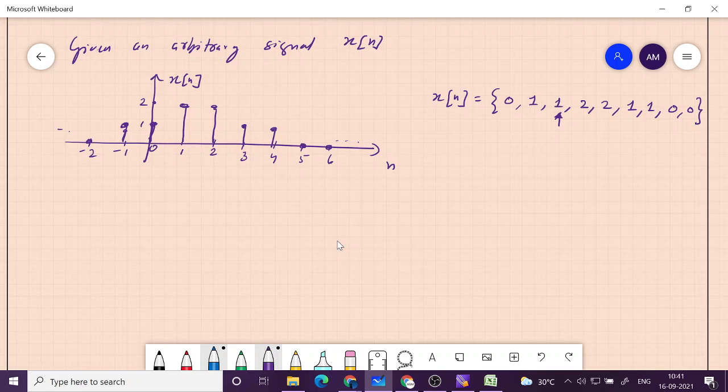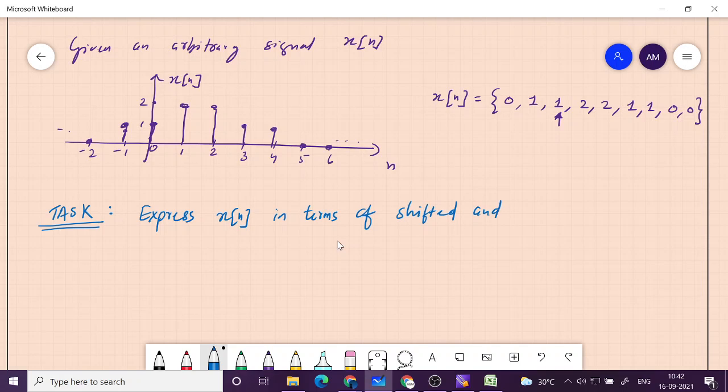The task that we are undertaking, and this is a central task, as you will see in this course. The task at hand is basically, you need to get this very clearly: express x of n in terms of shifted and amplitude scaled, not time scaled, it is amplitude scaled, versions of impulse functions.